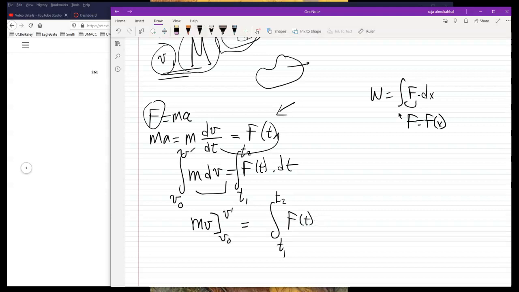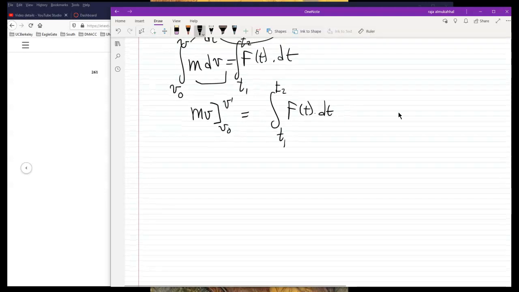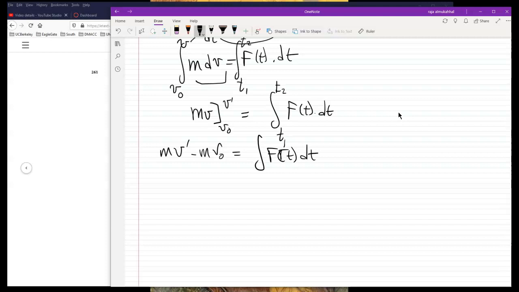This gives the left-hand side as mv prime minus mv naught equals the integral.